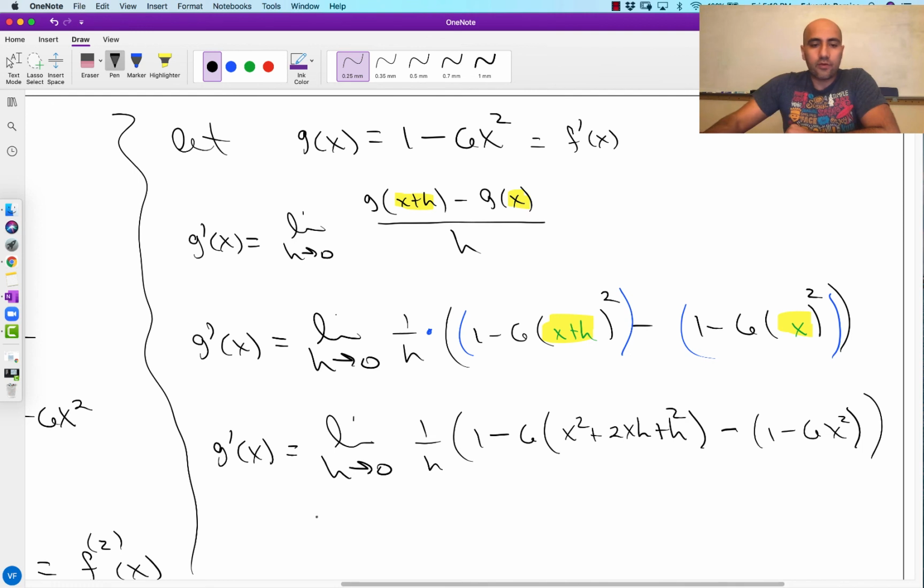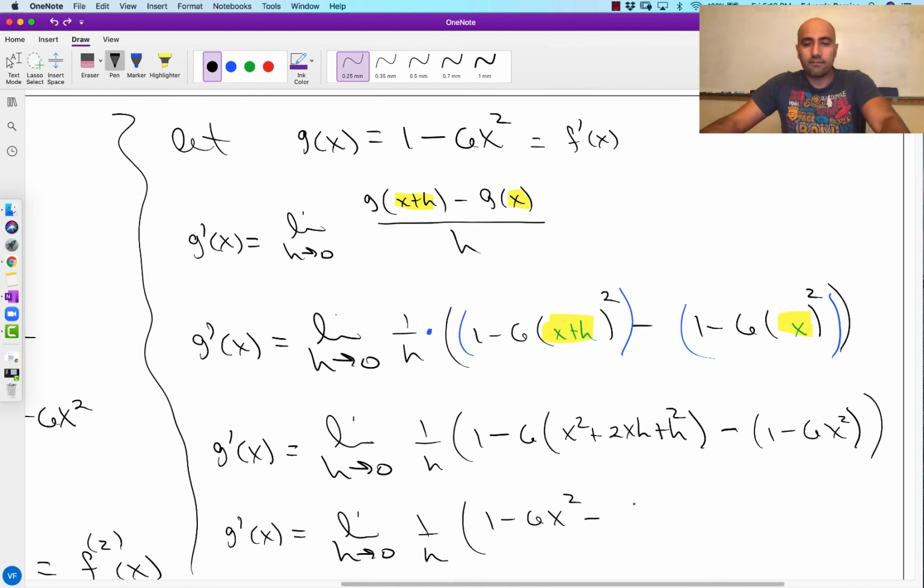Okay, so then we distribute, so we get g prime of x is equal to the limit as h goes to 0 of 1 over h, 1 minus 6x squared plus, minus 12xh minus 6h squared minus 1 plus 6x squared.